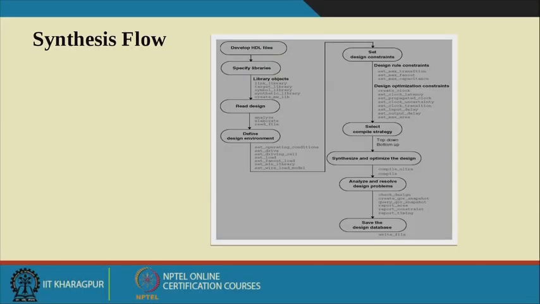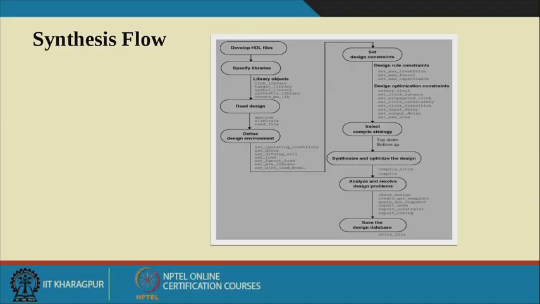After setting all these constraints in Design Vision, for timing, for power, for area, I have to select the compile strategy. The compile strategy will be either top down or bottom up or a mix of those.